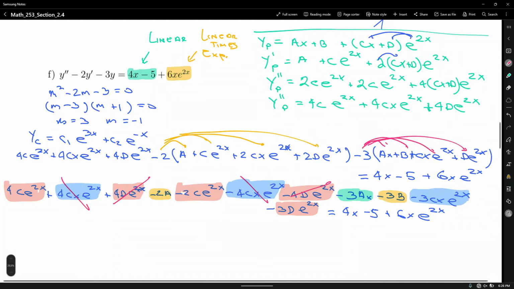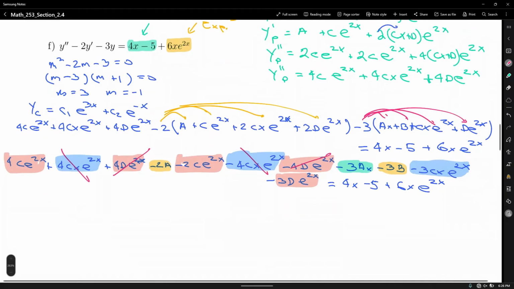Okay, now let me group terms in accordance with their nature. If I gave you just an example like this, at this point you would freak out about how to manage all these many different terms with many different natures.